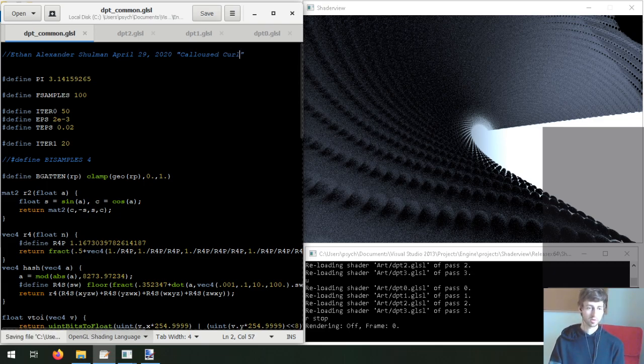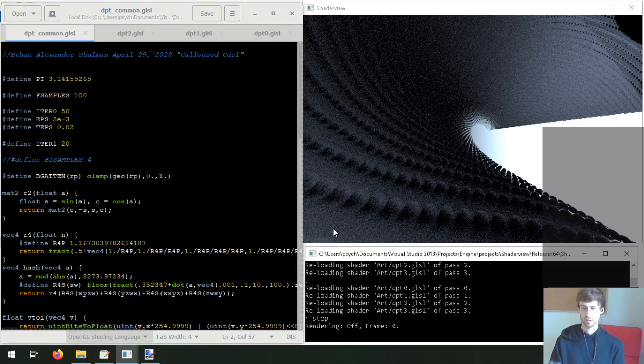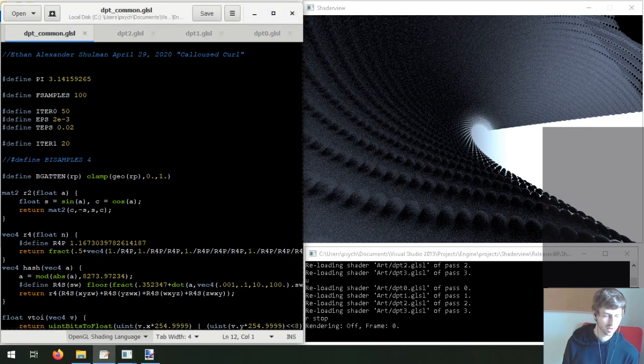Weird name, but it works. Alright, there's our shader for today.